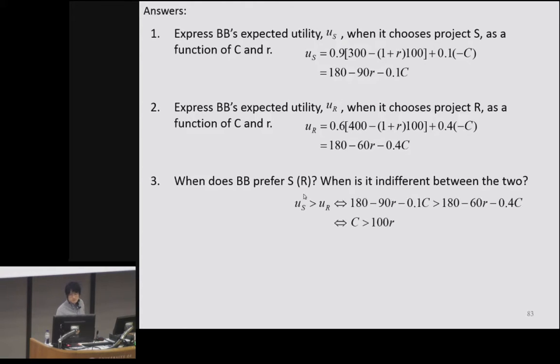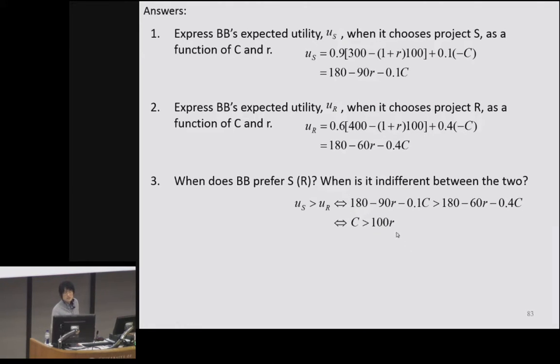So we just have one inequality condition. The left-hand side is this first expression US, the right-hand side is this expression for UR. And if the former is larger, that is, if C is greater than 100R, then Brown Bakery prefers selecting the safe project. These both-way arrows mean equivalent in mathematics.